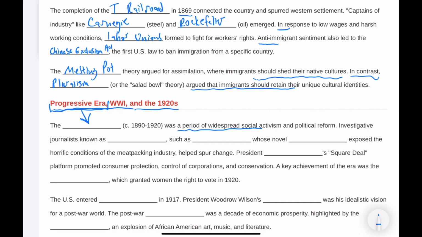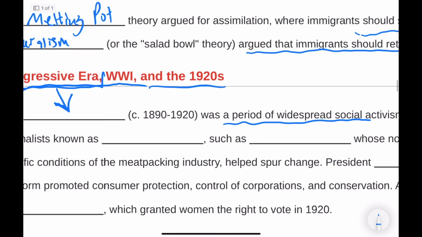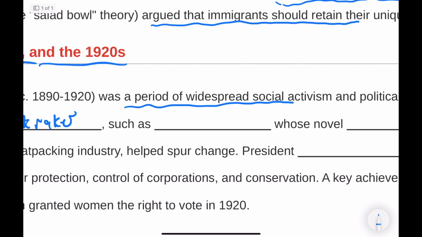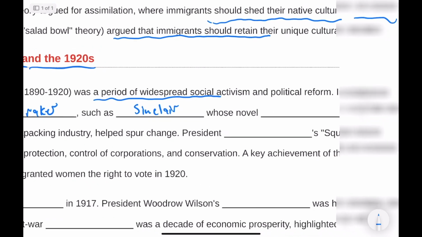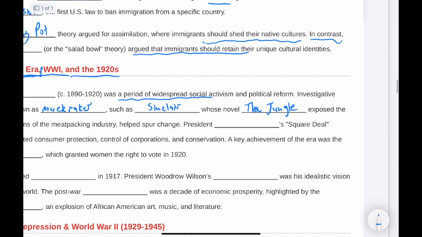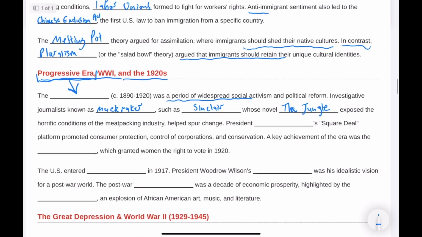Investigative journalists such as blank, this is known as the muckrakers, such as a person named Upton Sinclair, whose novel was called The Jungle. This exposed the horrific conditions of the meatpacking industry and helped spur change.